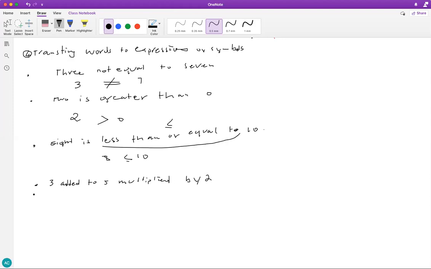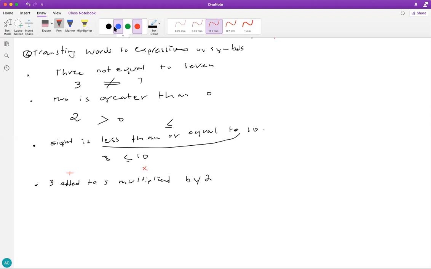That's an order of operations. So 3 added to 5 multiplied by 2. To simplify this, let's first translate it. Obviously 3 translates to 3, added, that's addition, multiplication.